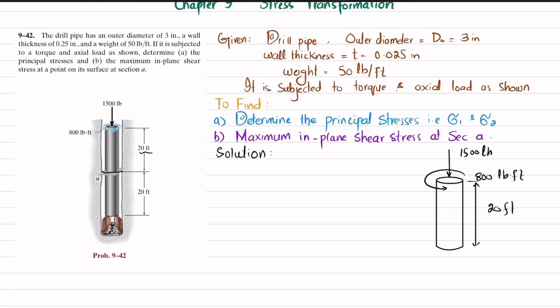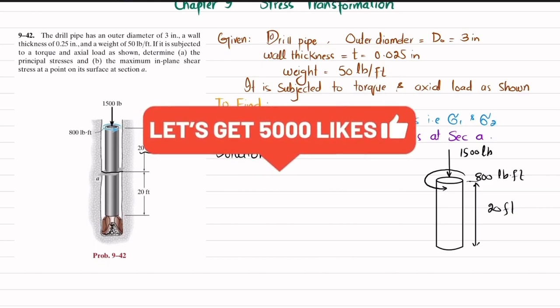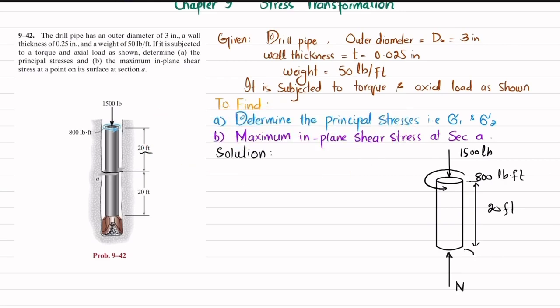When you cut it, definitely you will have a reaction force which will be represented as N, and you will have a resultant torque in the opposite direction. This will be the torque T. So we'll find this T and N. Also you can see the weight of this pipe is 50 pounds per feet.